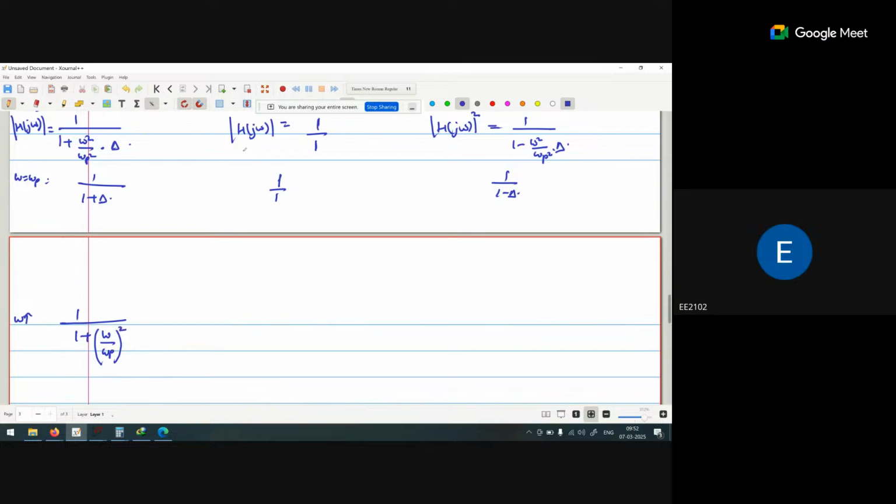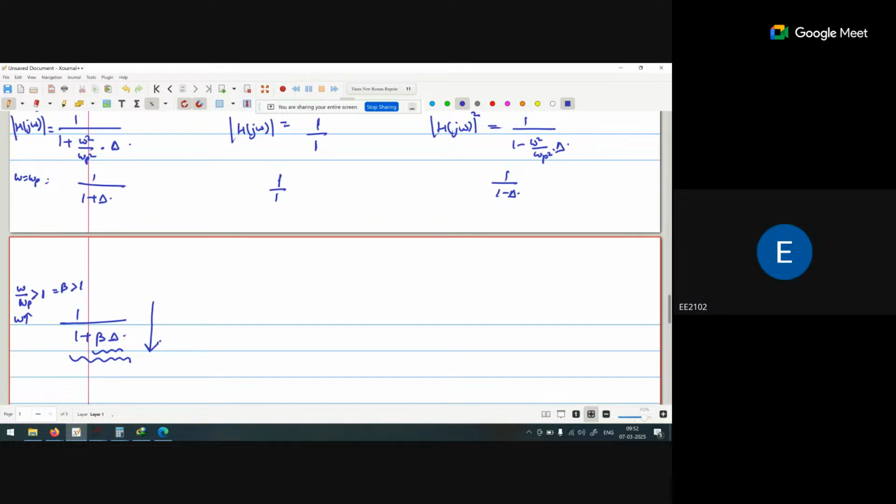So omega upon omega p is greater than 1. I just mention it as beta, that value is greater than 1. So it is a beta delta, and this particular term will be increased, that means the overall term will be increased. If the overall term is increased, that means this will be decreasing.